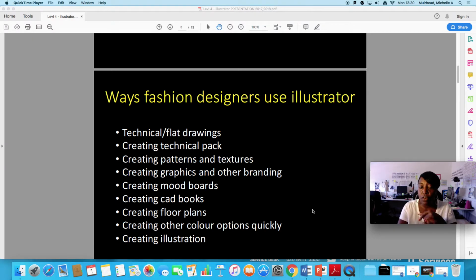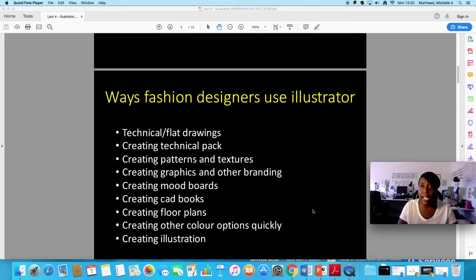So technical drawings. You might also hear of them being called spec drawings, design drawings. There are little terms to them that might be slightly different depending on where you work and where you're studying. And also it helps designers to create a technical pack.